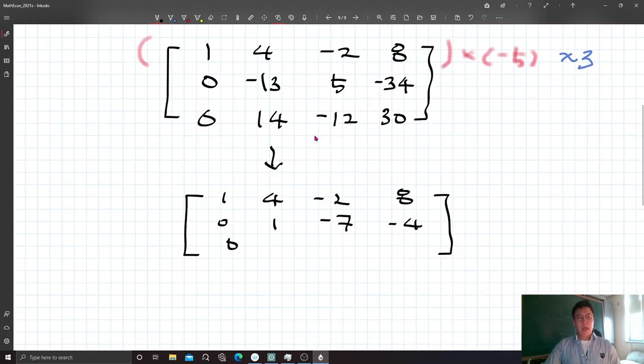Okay, and then let me use row multiplication, because I can see one common factor for the entries in the third row, that is 2. So I can divide the third row by 2 for simplification. So 14 becomes 7, negative 12 becomes negative 6, 30 becomes 15.